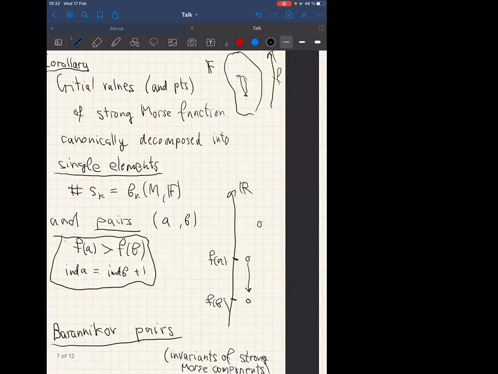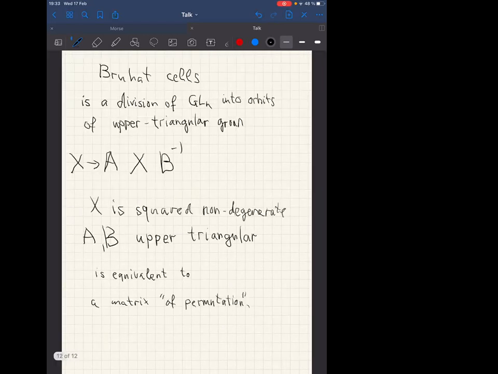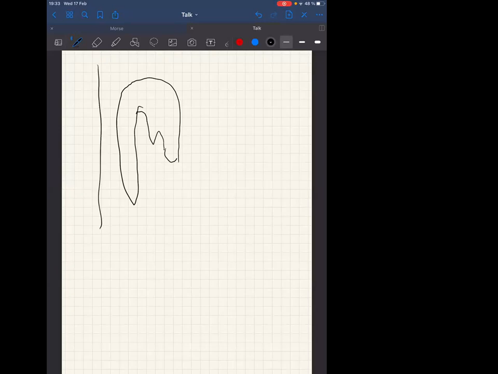And for example, if we take, say, this function on a circle, it has 6 critical points.